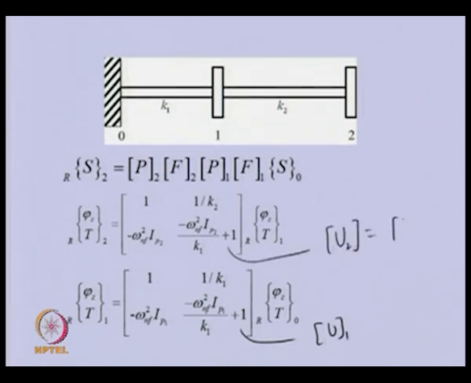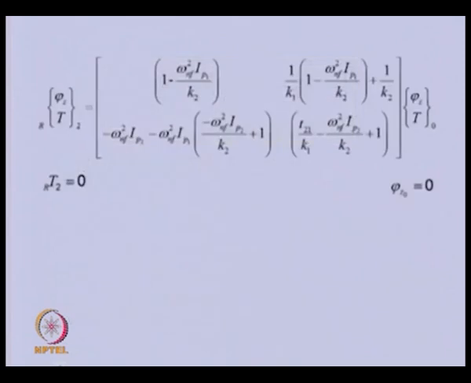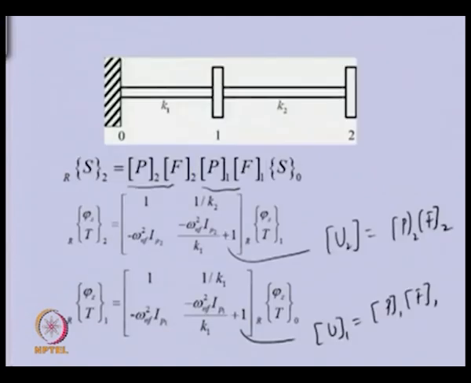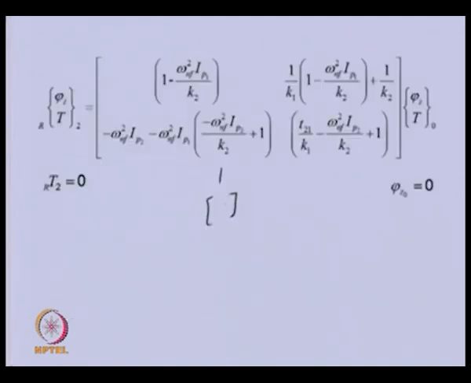This is nothing but P2 into F2, and this is nothing but P1 into F1. So you can see that we could multiply these two, and if you go back here, this is U2 multiplied by U1. This is a 2 by 2 matrix, but it has more terms.